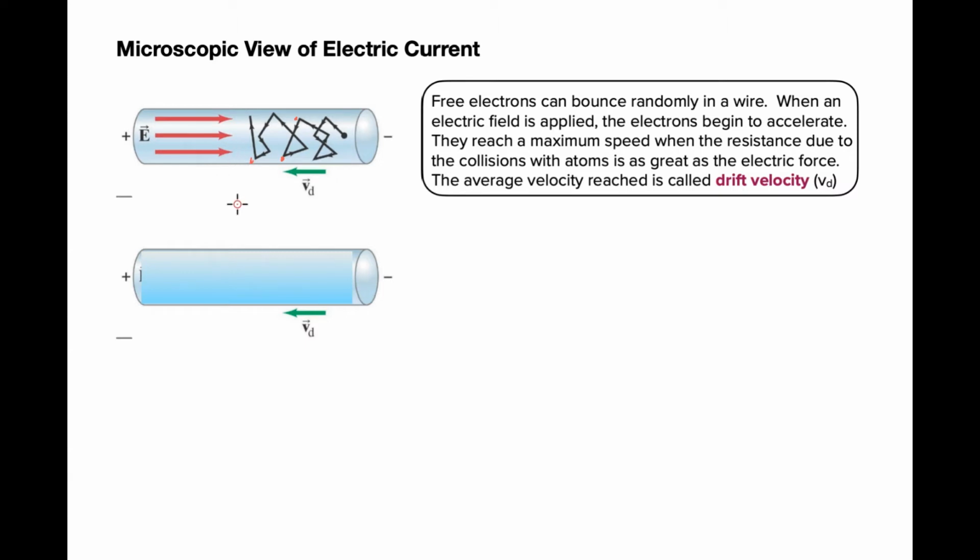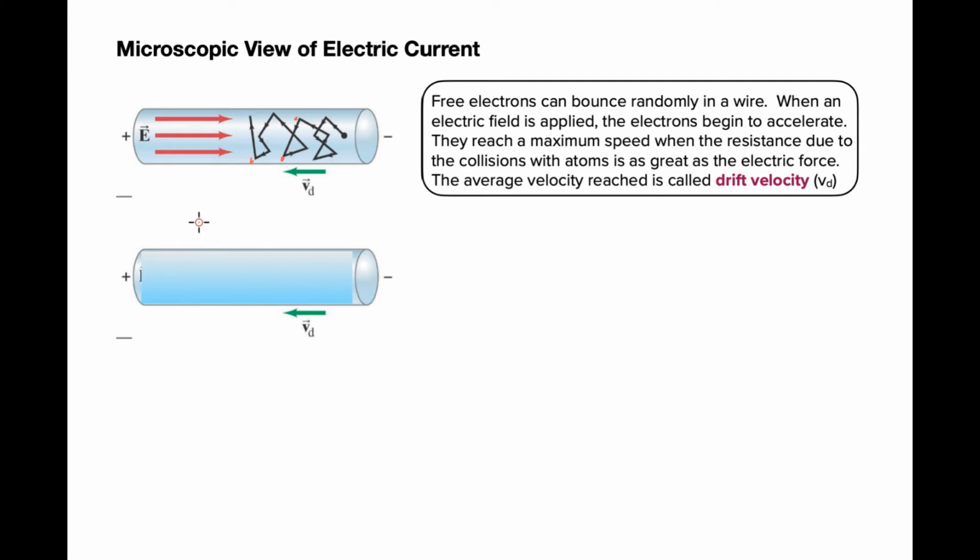At some point they reach a maximum velocity, and this velocity we call drift velocity. There is some average velocity called drift velocity that depends on how much force is applied, and how much resistance there is for those electrons to move through the wire.